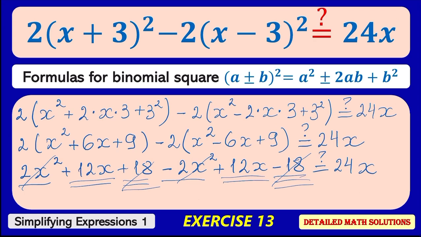And then I have 12x and 12x makes 24x. And I can see that it does equal 24x. Therefore, the second simplified expression is equivalent to 24x.